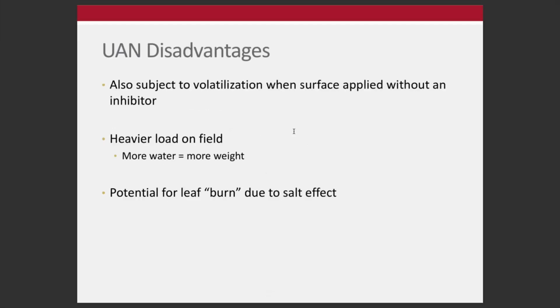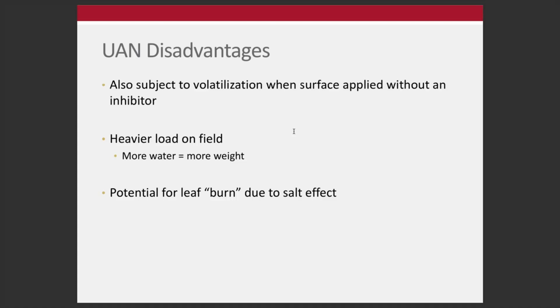Okay, so the disadvantages are that if you surface apply it without an inhibitor, it's subject to loss, and that's true with a lot of these N fertilizers that we're talking about. It's only 28%, and it's got water in it, so that requires heavier loads on the field, more potential for compaction, and just more diesel fuel from hauling water.